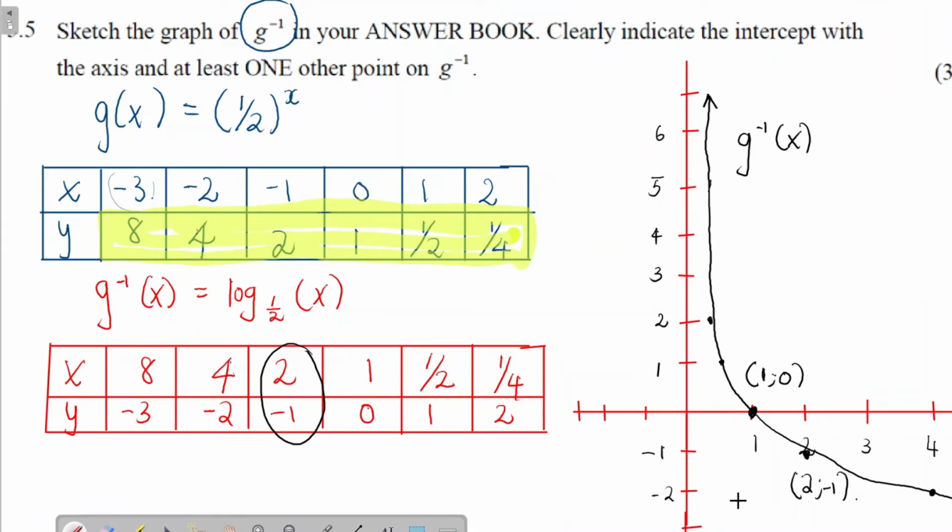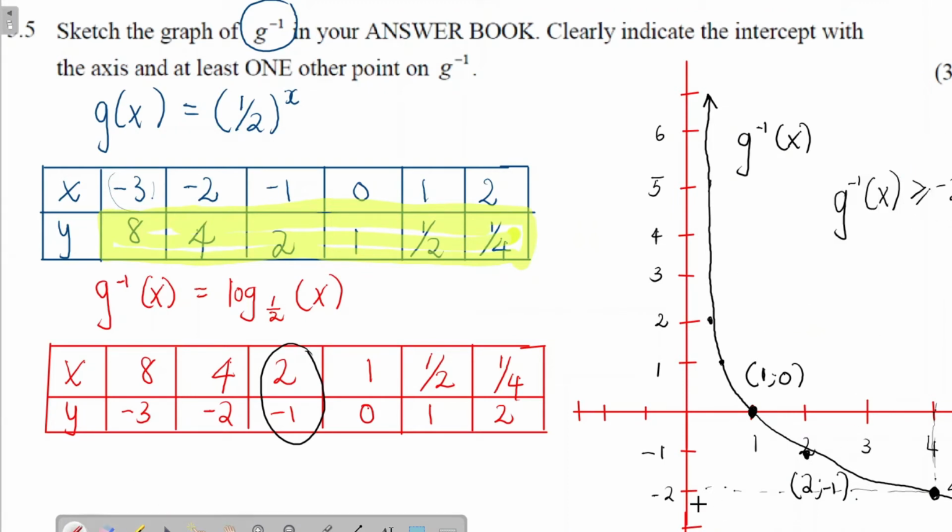So that is our -2 here, and that x value here is 4. You want x values that will give y values that are greater than and equal to -2.